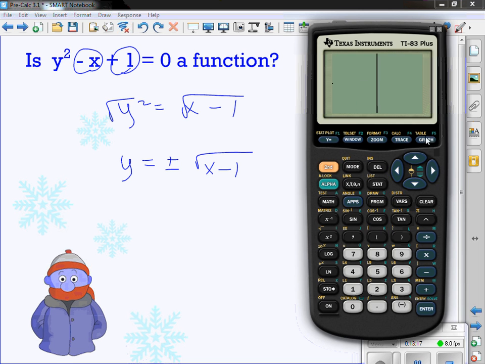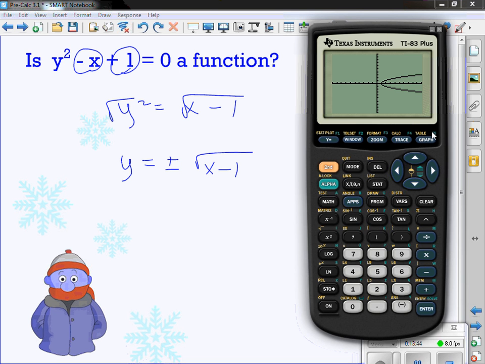Okay, I put them in the calculator. When I graph it, that's the top one, that's the bottom one. One thing we also learned about functions way back, looking at its graph, is the vertical line test. It failed because going up and down, it's going to hit twice. That's another reason why it fails. It's applying all the prior knowledge and now throwing it together.